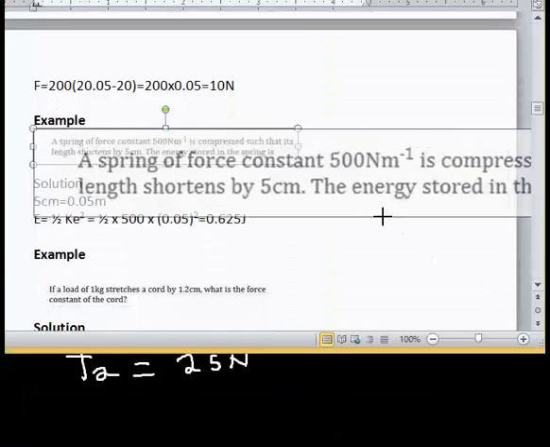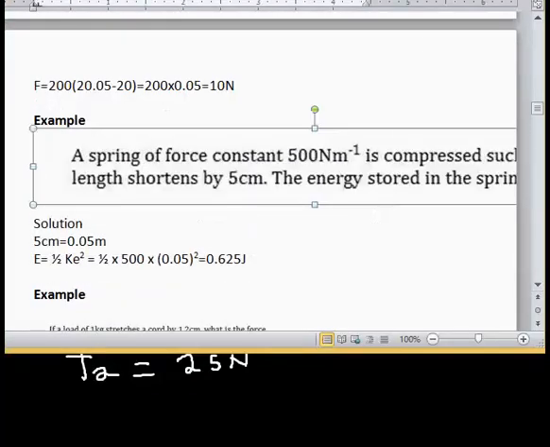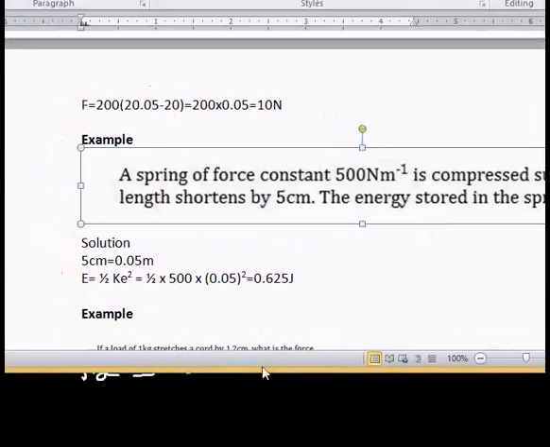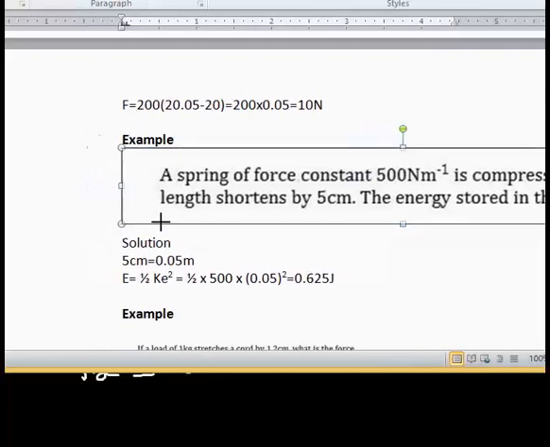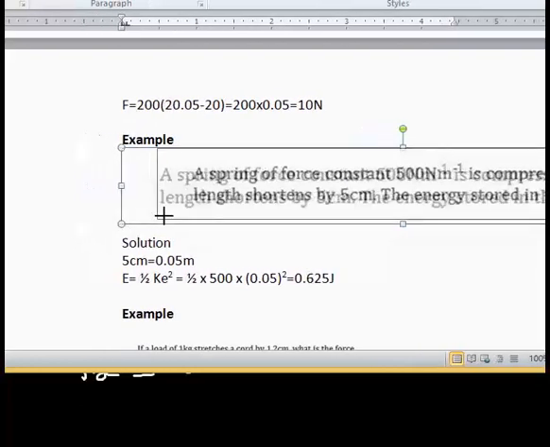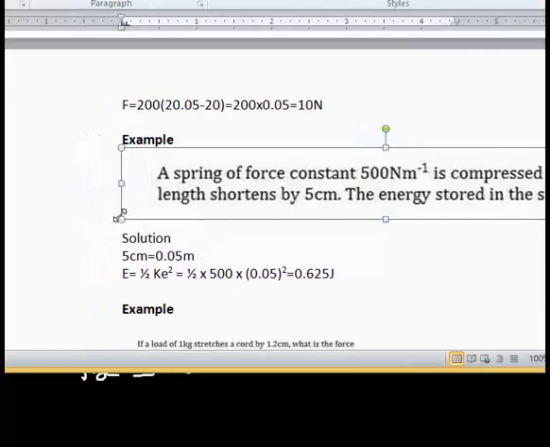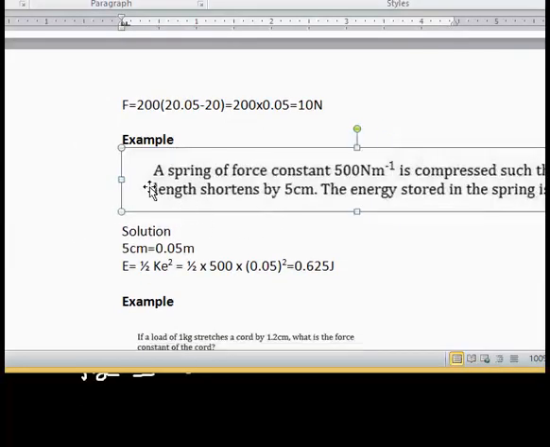Another question. Let me expand it. Okay, here we go. A spring of force constant 500 newtons per meter is compressed such that its length is shortened by 5 cm.